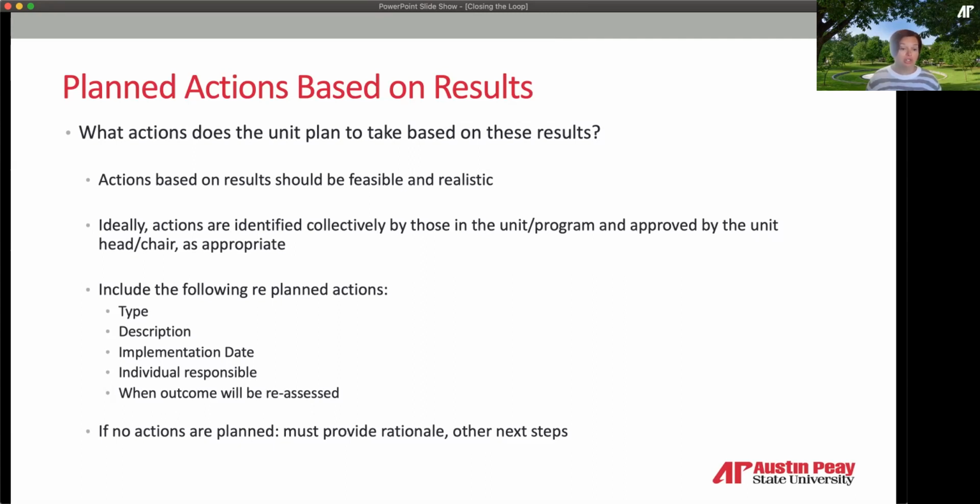So if you really can't take any actions, or there are reasons that you can't, there are some very extenuating circumstances in some units where that might not be possible for different reasons, or you don't want to for different reasons. You can mark that, but we ask that you explain it. And if there are any issues with that, Ellie and I will reach out to you to talk through it.